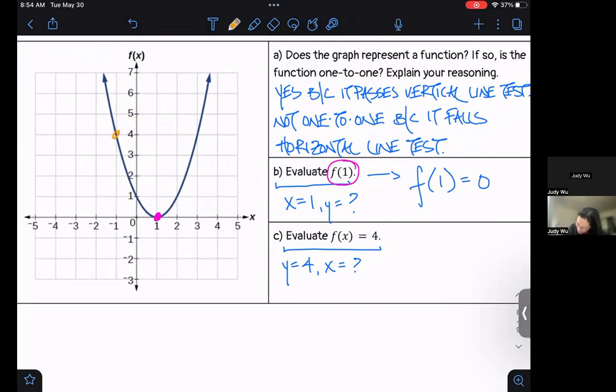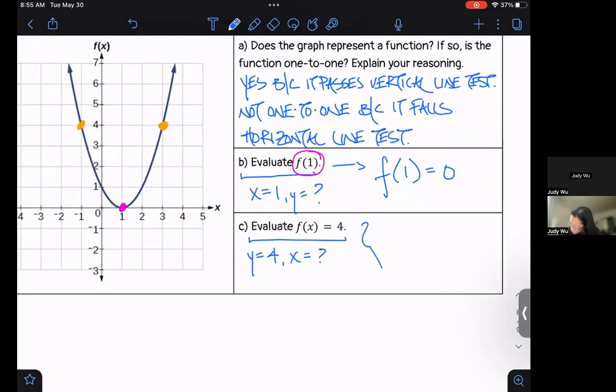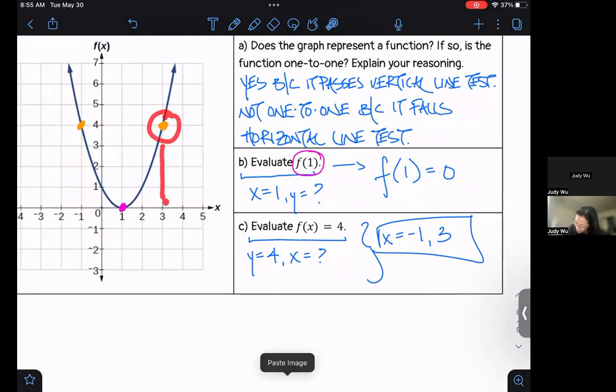That means that this point and this point both have a y value of 4. So when I list my answer, I actually want to give two different x values, right? X equals -1 and x equals 3. Right? So -1 because that first orange point has an x value of -1, and 3 because the second one has an x value of 3.